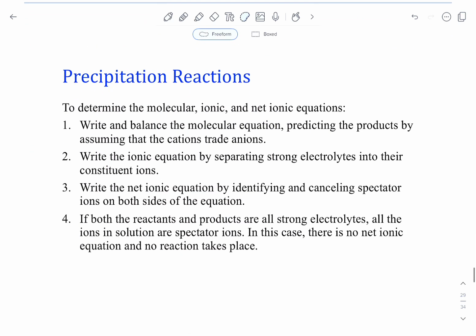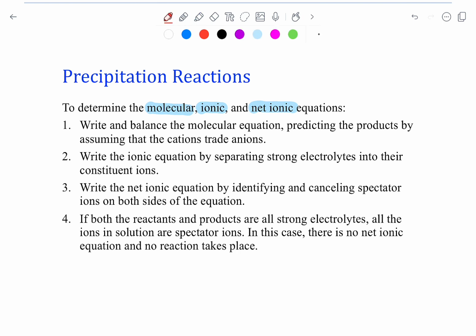So let's just review overall what these precipitation reactions are having us do. We have to write out 3 different equations. We have to write out the molecular, the ionic, and the net ionic equations. So the first thing we have to do is write and balance the molecular equation, predicting the products by assuming that the cations trade anions.